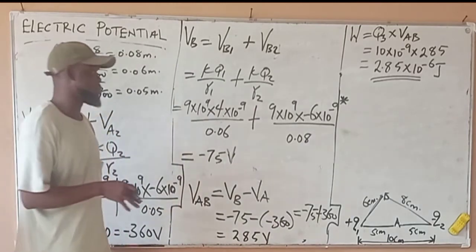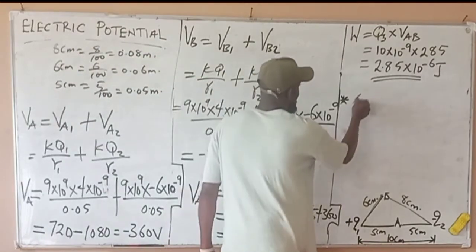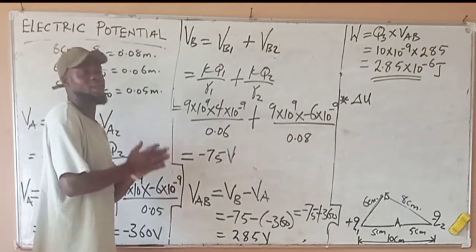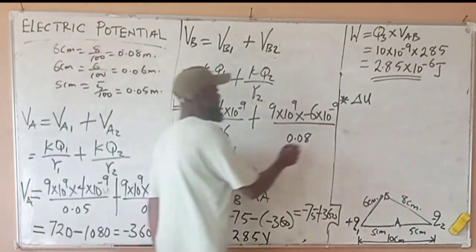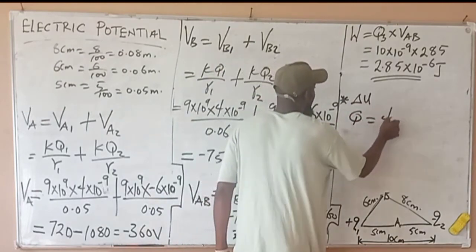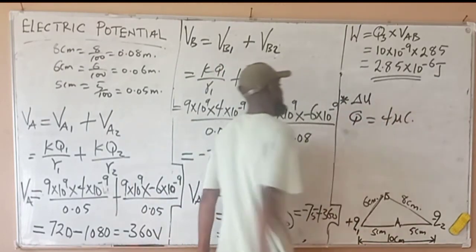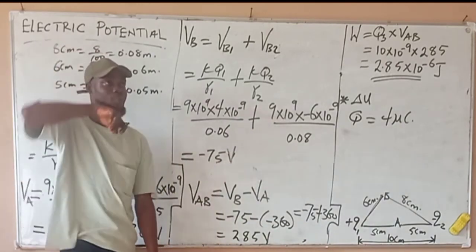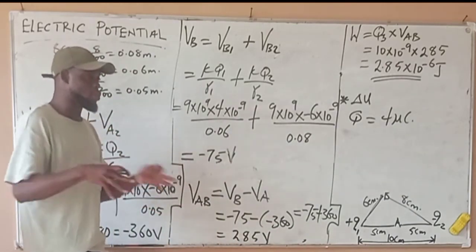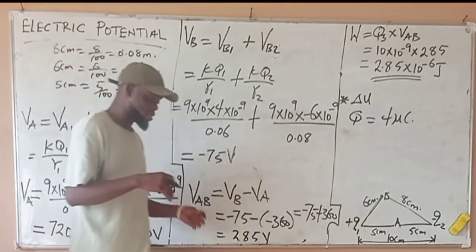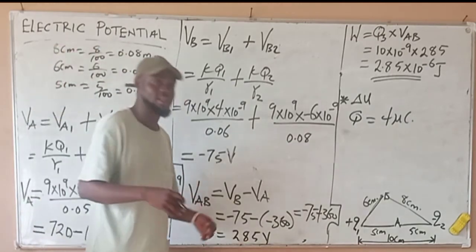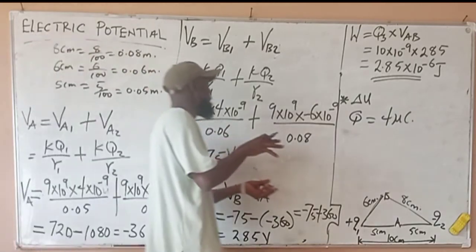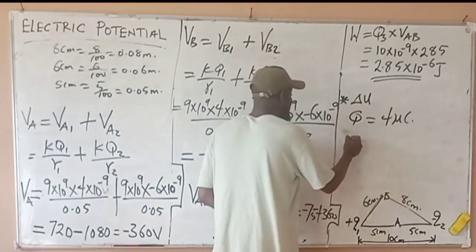What is the change in potential energy when a charge of 4 microcoulomb moves between 2 points that differ in potential by 80 volts?